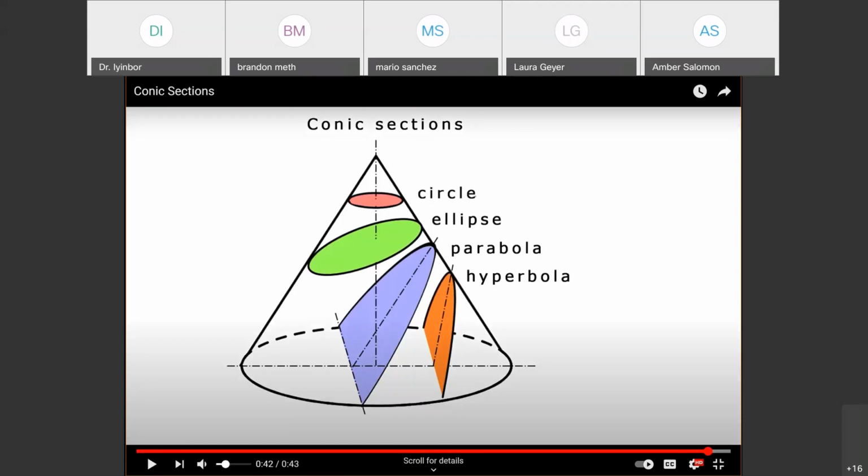If you cross it with a slice which is after the center, that's what is important, after the center, on the other side of the base, it's going to be a parabola. And if you slice it on the same side of the center, it's going to be a hyperbola. So these are the four different conic sections, okay?